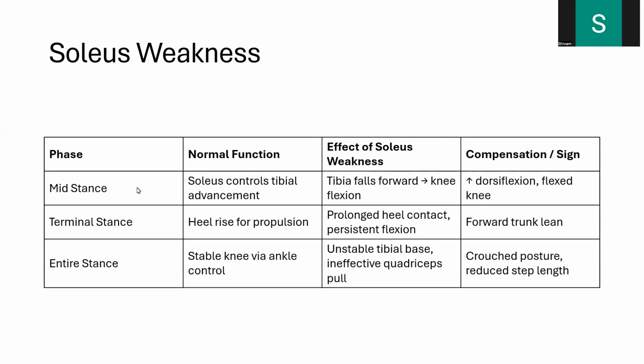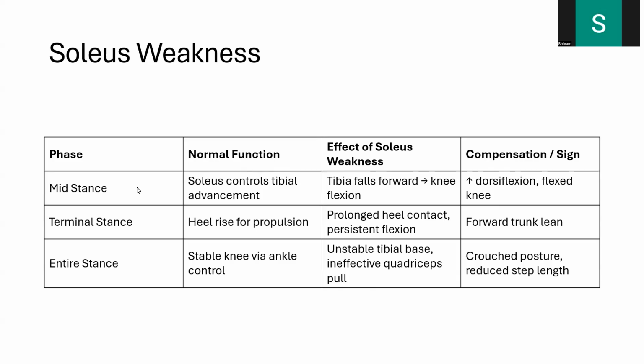So the question arises: why can't the quadriceps correct this problem? If the knee is free-falling into flexion, why can't the quadriceps correct it? Despite being strong enough, the quadriceps cannot regain knee extension because the tibia is unstable. Quadriceps pull on a collapsing tibia cannot create an effective extension moment, and the quadriceps action worsens this collapse.